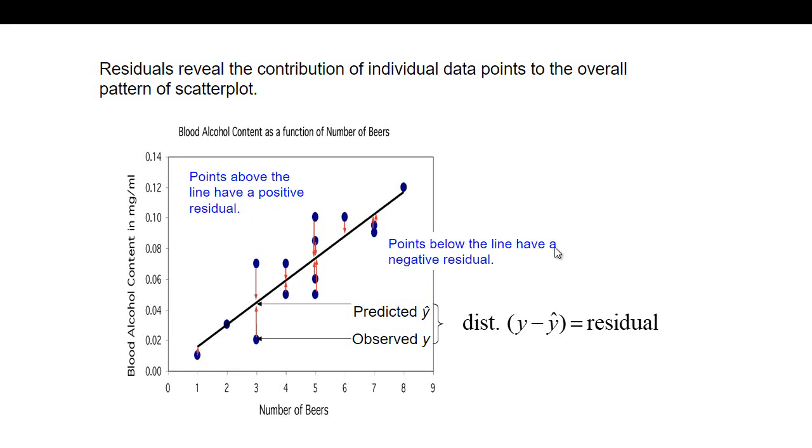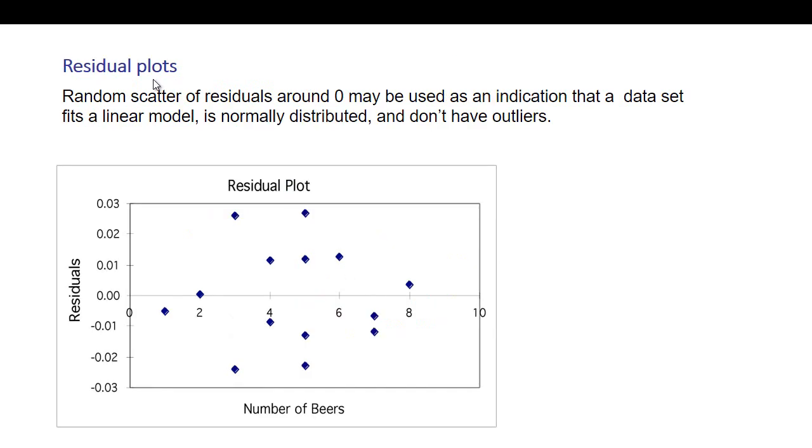Points below the line have a negative residual. A residual plot is a plot of the residuals. Along the horizontal axis, we still have the number of beers, the explanatory variable. On the vertical axis, we are plotting the residuals.